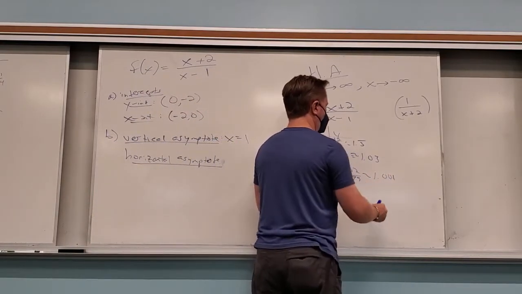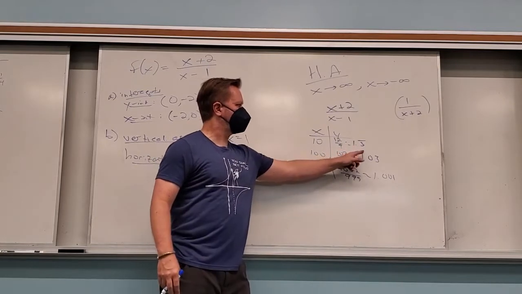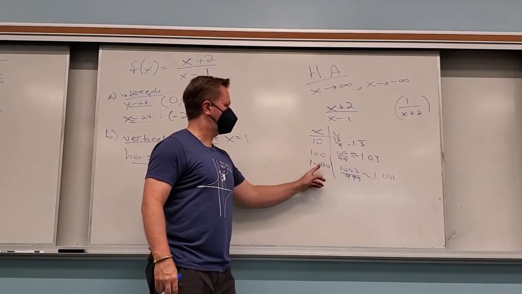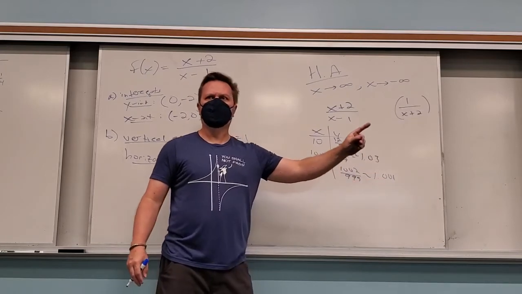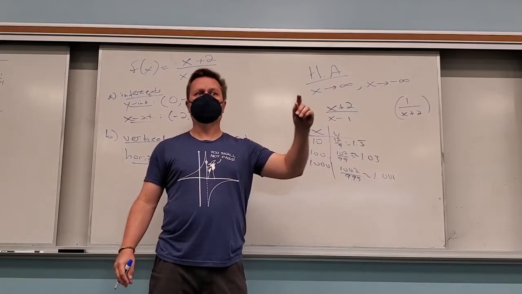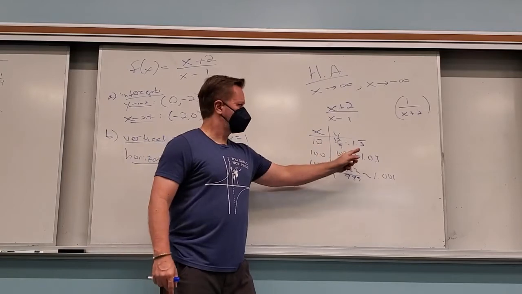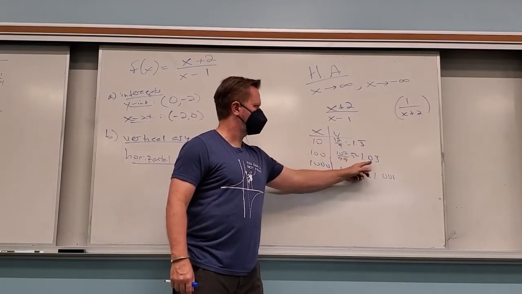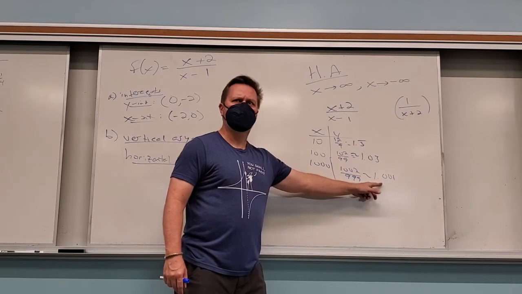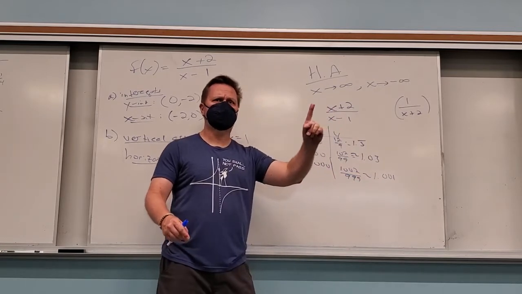Okay. So what does it look like is happening as my inputs keep getting bigger? What are my outputs doing? They're getting closer and closer to 1. You guys see that?